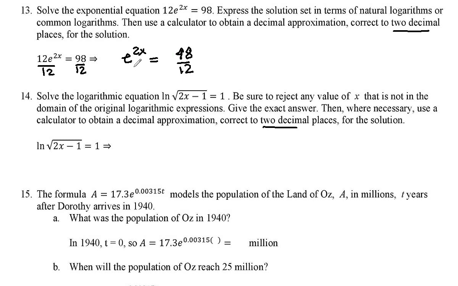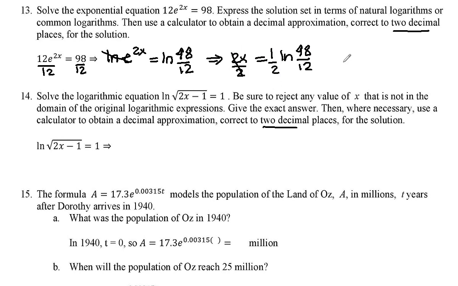And then we want to undo this exponential, and the opposite of an exponential with base e is a natural log. So take ln on both sides. And then since these are inverses, they're going to cancel each other out. So we get 2x is equal to the natural log of 98 over 12. And then divide both sides by 2, which is the same as multiplying by 1/2.